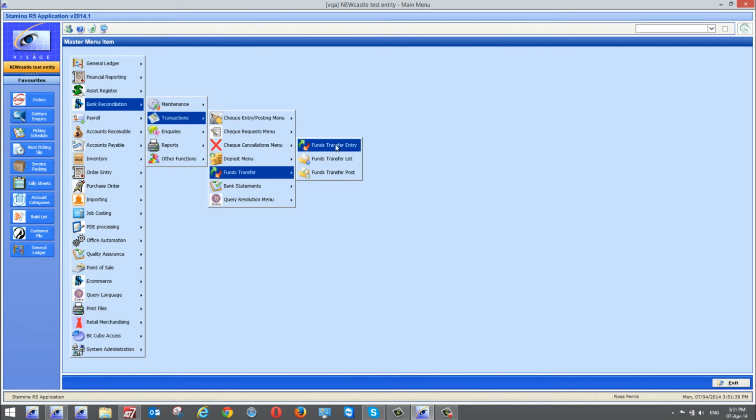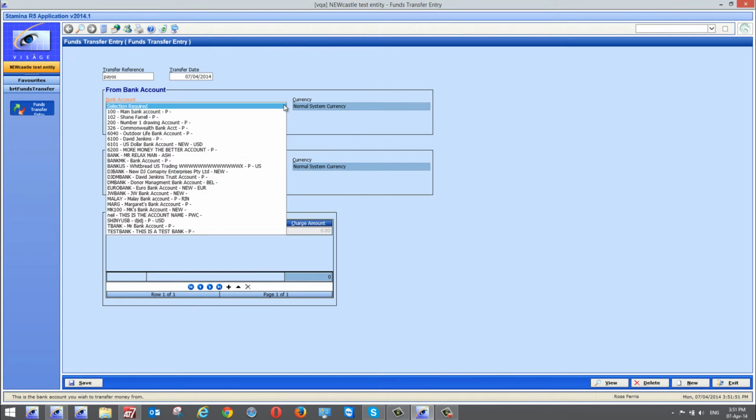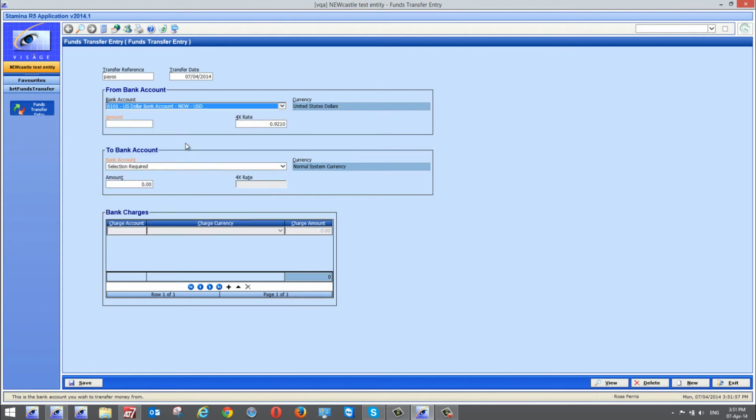What the funds transfer would allow us to do is we can put a reference in, it doesn't really matter what the reference is, it's just for our internal purpose, the date, the bank account we're actually drawing from. I'm not sure if I have any of these bank accounts. There we go, we have a US dollar bank account. That's the current exchange rate.